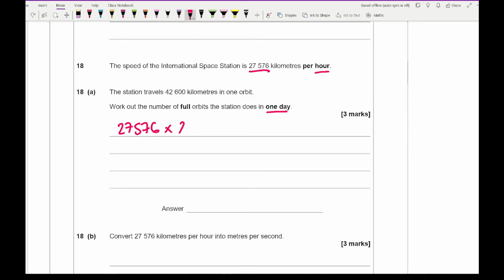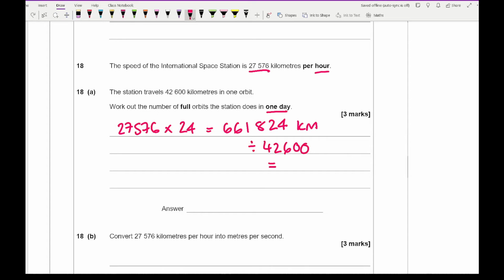So we're going to multiply that by 24, in which the answer I get is 661,824. Now that basically tells us how many kilometers it is traveling in one day. So then what we want to do is divide that by 42,600 to say how many orbits there are.